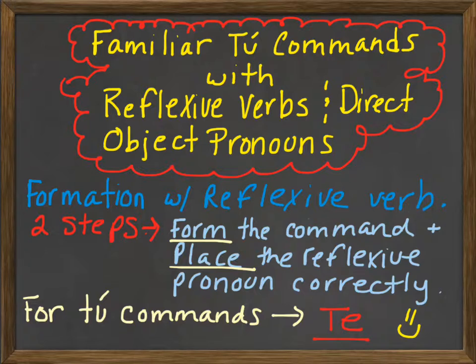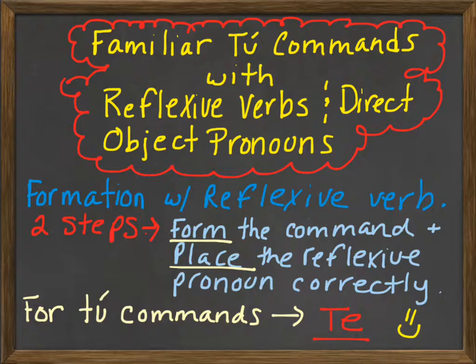Now remember, reflexive verbs are verbs like to wash oneself, to bathe oneself, to brush oneself, like to brush your teeth, wash your hair, whenever you're doing an action to yourself. Okay, so there's two steps. First of all, you need to go ahead and form the command like you normally would.